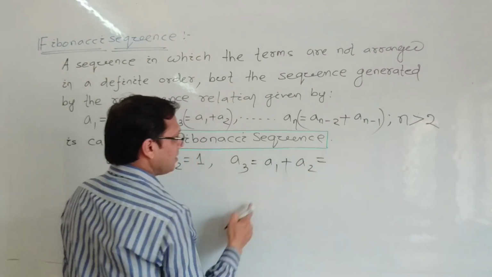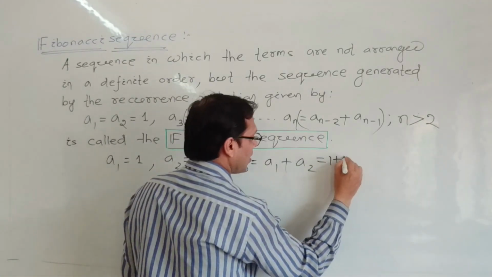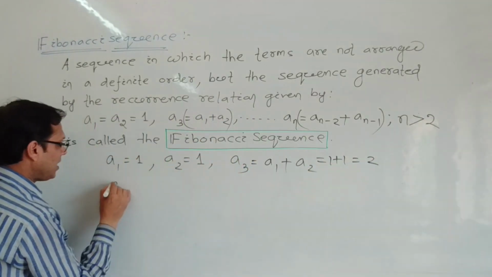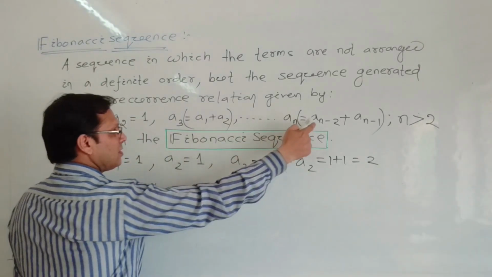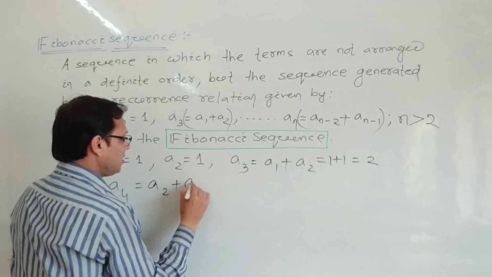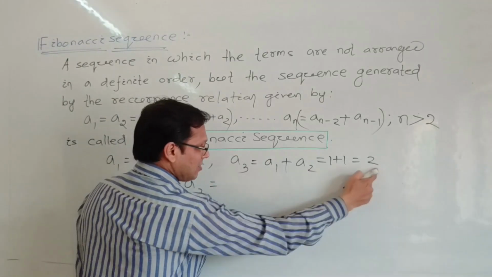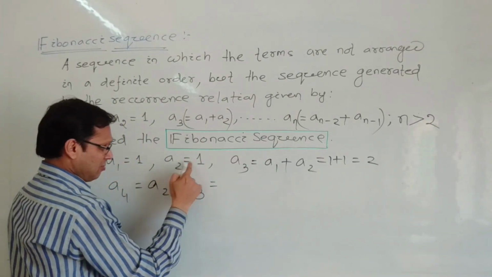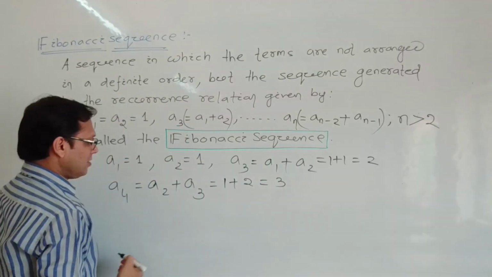That is a1 plus a2. a1 is 1, a2 is 1, so 1 plus 1, that is 2. Now we'll get a4 likewise. Replacing n by 4, that is 4 minus 2, a2, plus 4 minus 1, that is a3. a2 plus a3, we have found a3 is equal to 2 and a2 is equal to 1. So 1 plus 2 is nothing but 3.